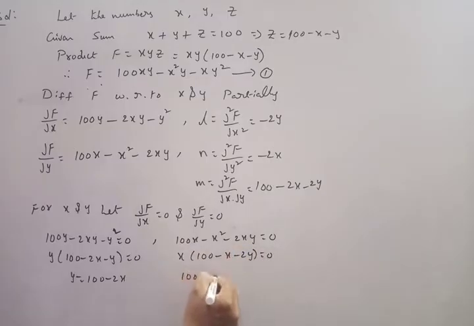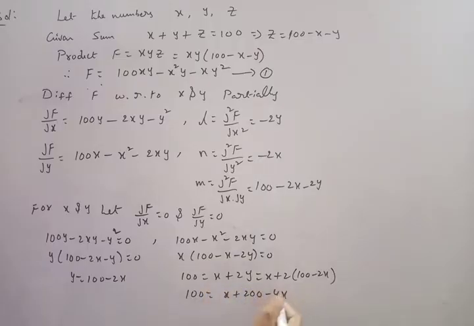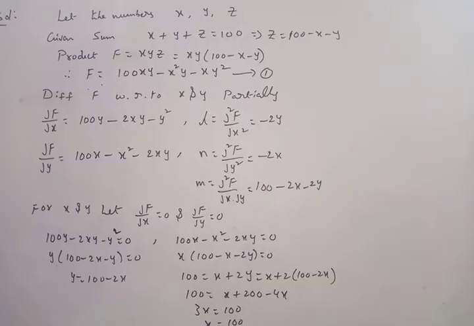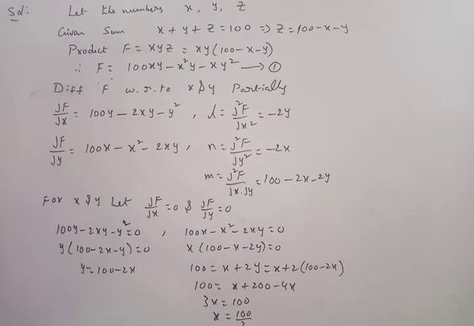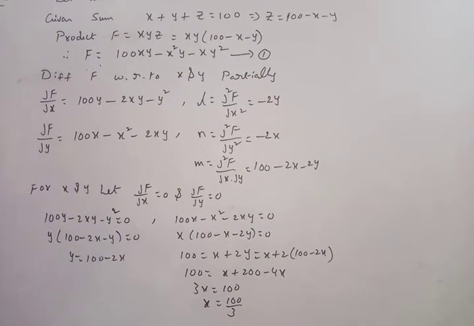From here, 100 is equal to x plus 2y. We already have the y value, so substitute here: x plus 2 into 100 minus 2x. So 100 is equal to x plus 200 minus 4x, so 3x is equal to 100, x is equal to 100 by 3.